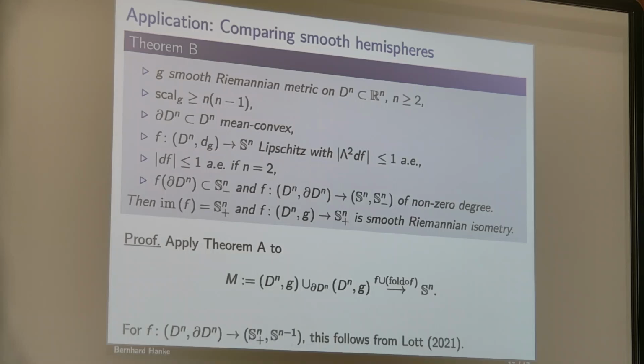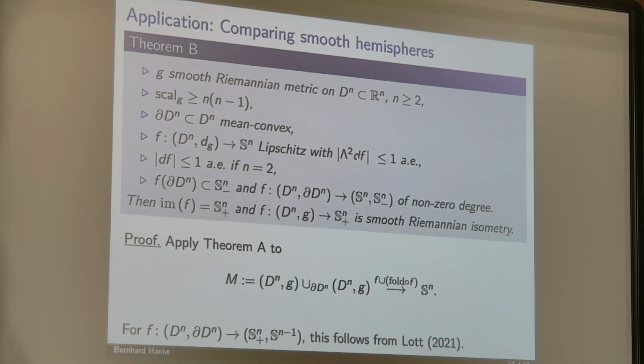So the mean curvature is non-negative. That's what I mean by mean convex. And now take a Lipschitz map of this manifold with boundary to the round n-sphere. You even can take a smooth map here. It's already interesting, but a Lipschitz map is sufficient.